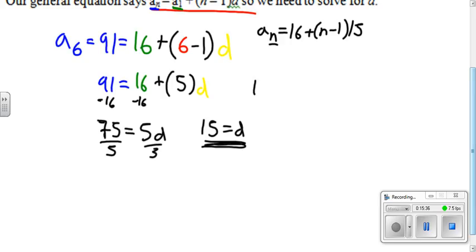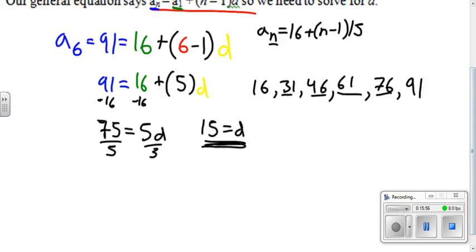So we would say 16, another 15 would give us 31, another 15 would give us 46, another 15 would give us 61, another 15 would give us 76, and another 15 would get us to that 91. So then our four arithmetic means are going to be 31, 46, 61, and 76. So that's everything you should need to know about arithmetic sequences.